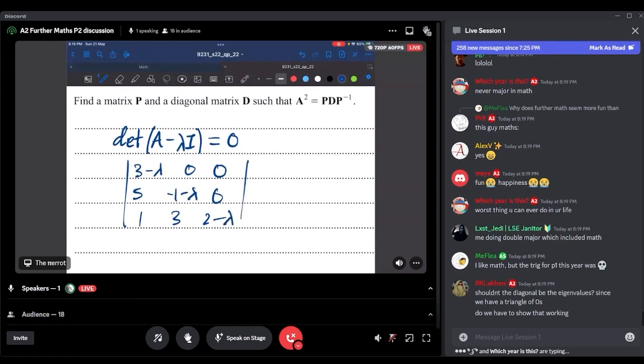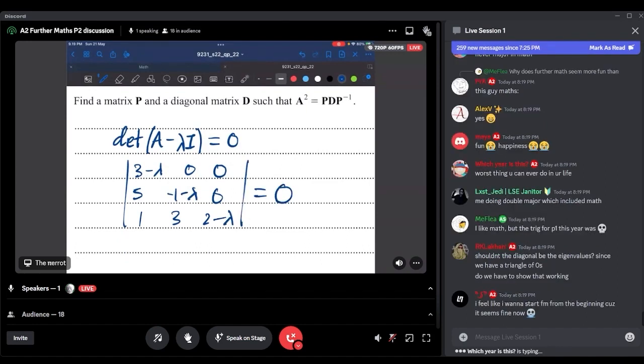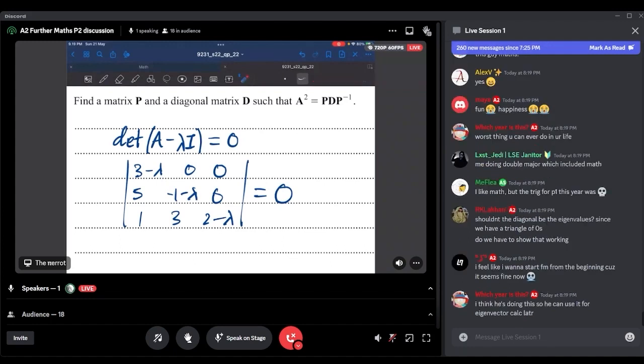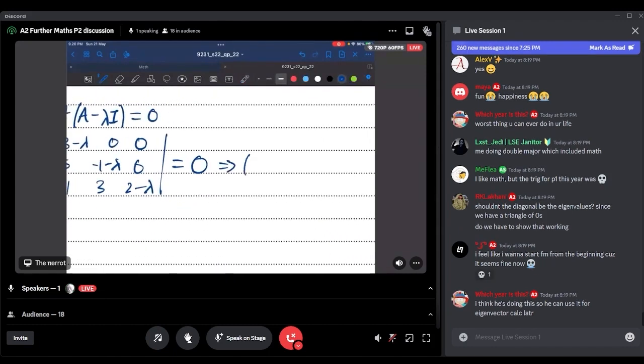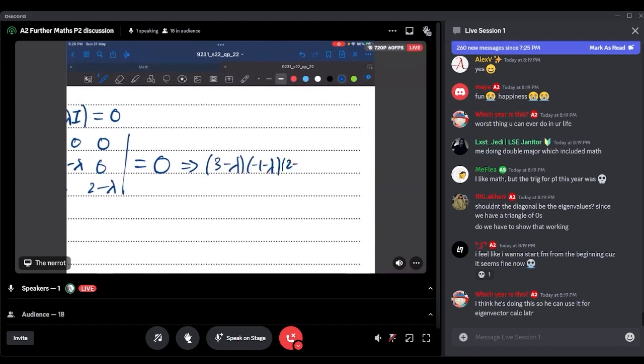The nice thing is this is a triangular matrix, the upper triangle is 0, so we can just multiply the diagonal. So we get (3 minus lambda)(minus 1 minus lambda)(2 minus lambda) equals 0. From here it's obvious what the eigenvalues are: lambda is equal to 3, minus 1, and 2. So these are your eigenvalues.